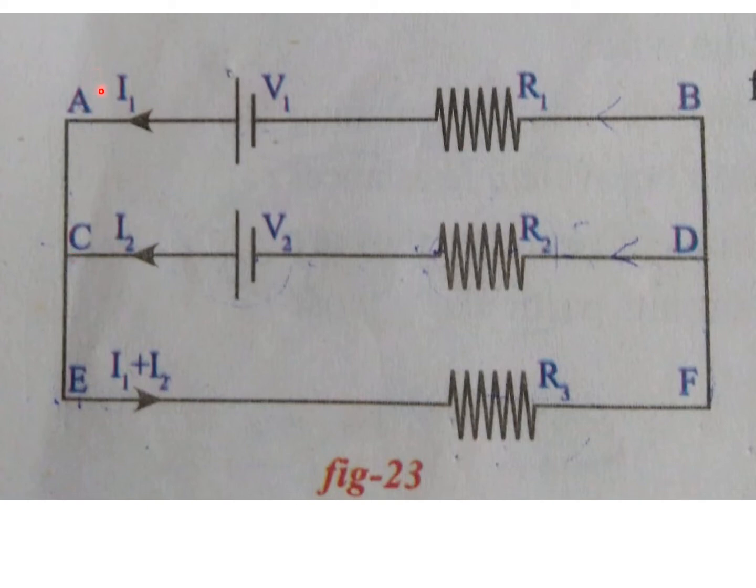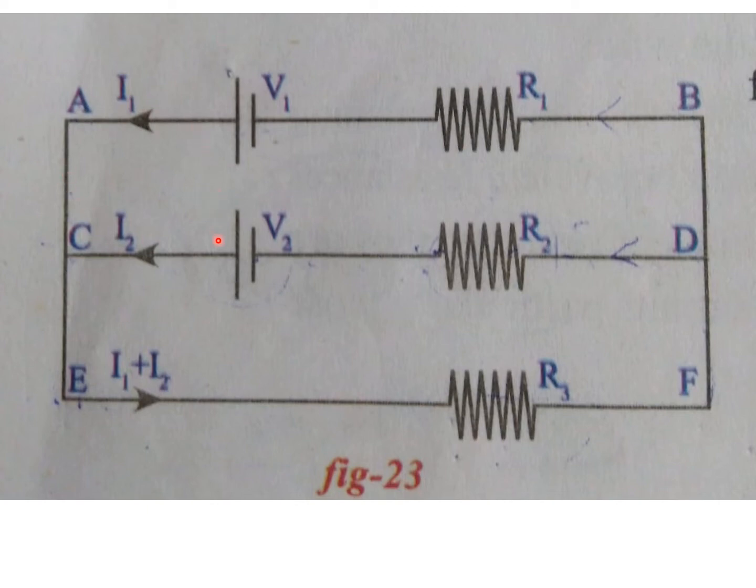Loop means the starting point and the ending point should be the same. Only then do we say that it is a loop. So the first loop is A, B, D, C, A. Or else you can go in the reverse direction, that is A, C, D, B, A. This is also one closed loop.